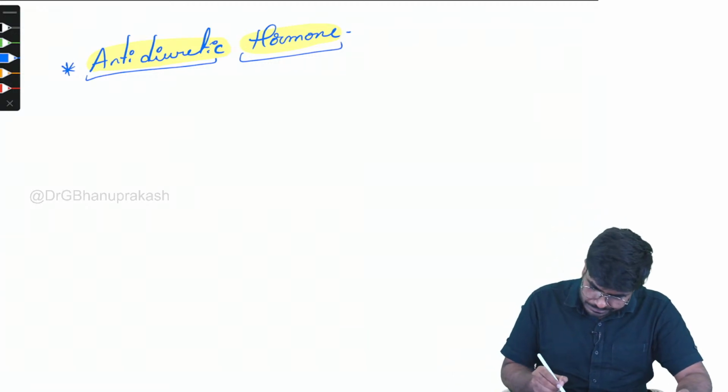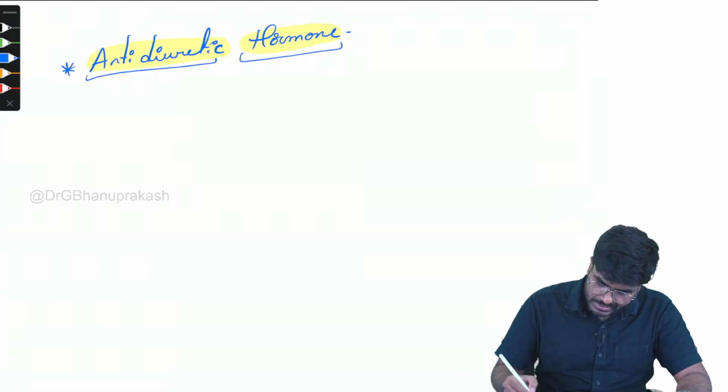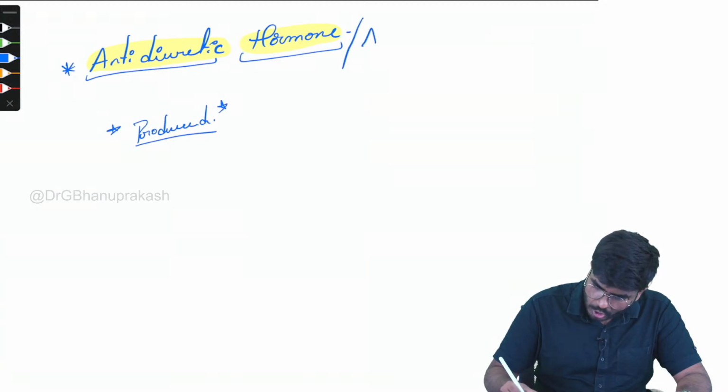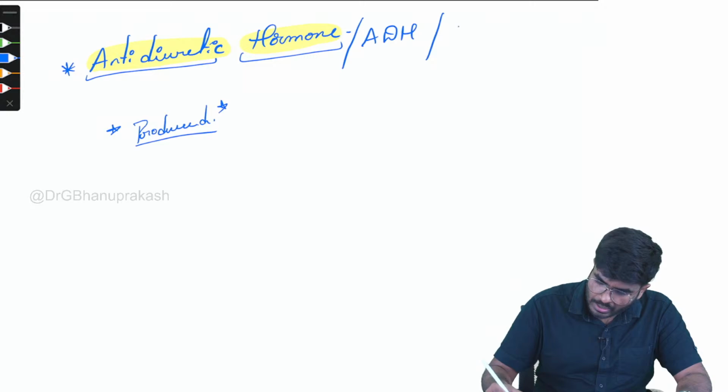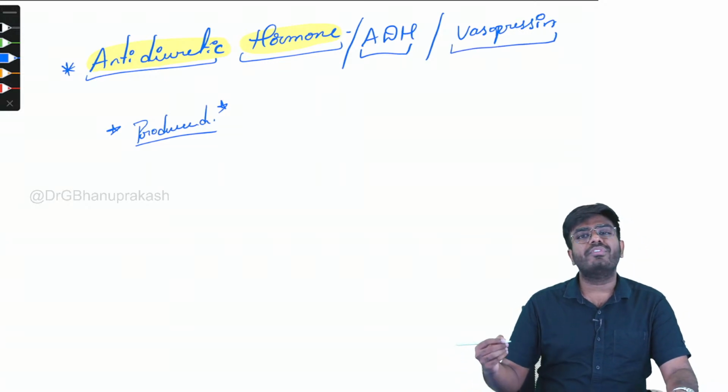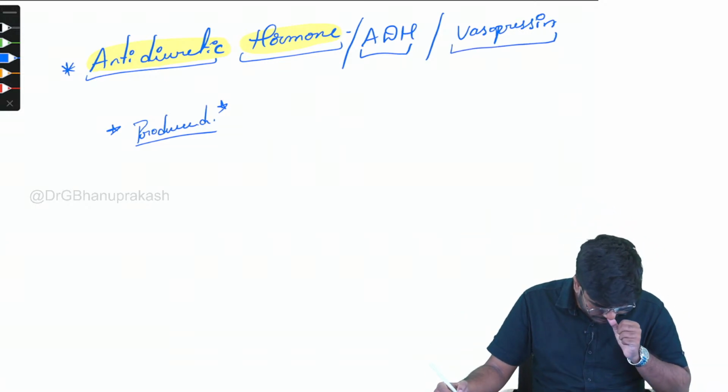Antidiuretic hormone. First question is, from where is antidiuretic hormone produced? Antidiuretic hormone is called ADH or vasopressin. Anyone?